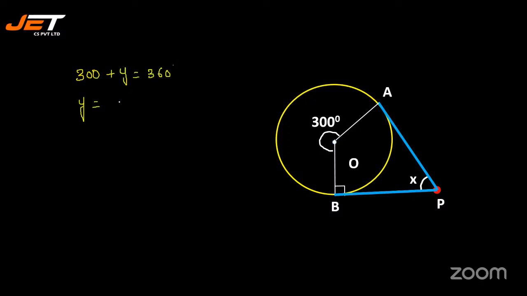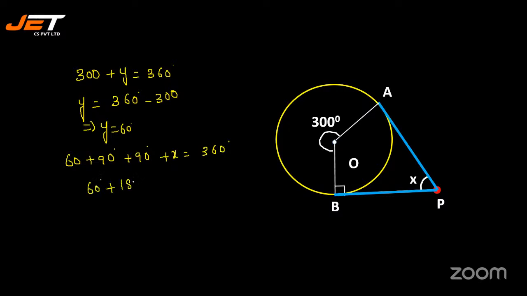So therefore the value of y would be 360 minus 300, which implies y is equal to 60. Now it's easy for us to find out x. How? 60 plus 90 plus 90 plus x is equal to 360. So 60 plus 180 plus x is equal to 360. X is equal to 360 minus 60 minus 180.